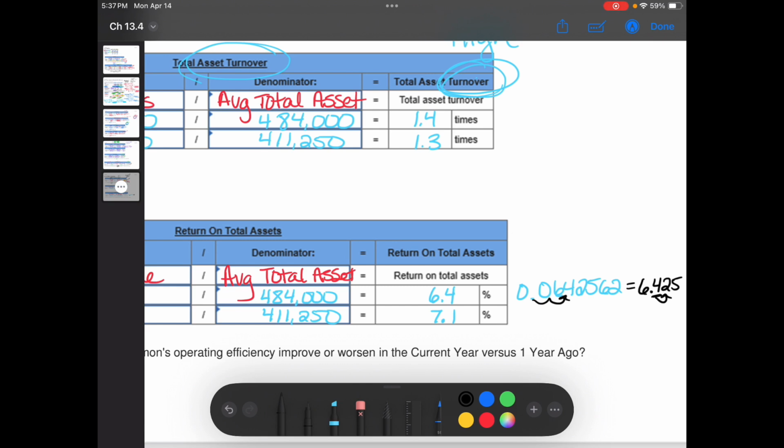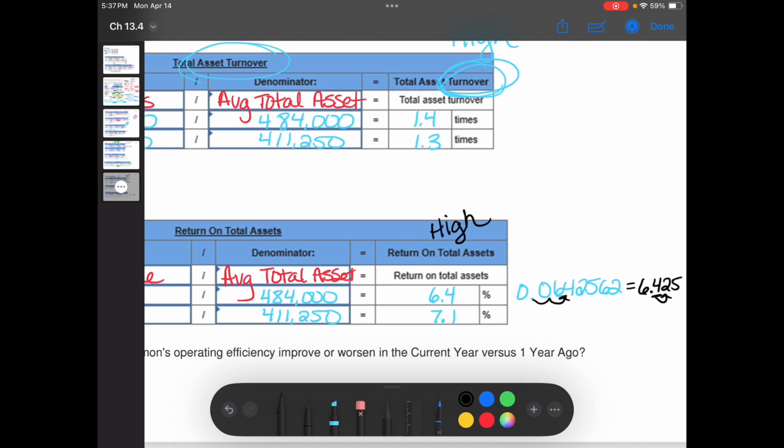Now we do want this return on total assets to be high, because what that tells us is that the bottom line take home number, net income, is covering this portion of total assets. It's covering 6.4%. We did look at some other ratios in the chapters, and the payback period. So how long does it take to get the payback on this machine?